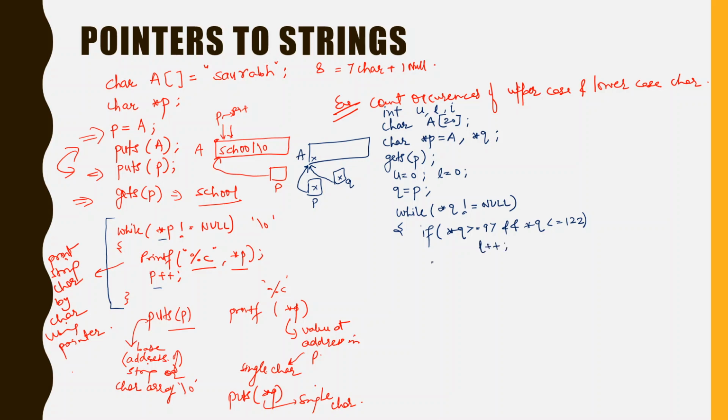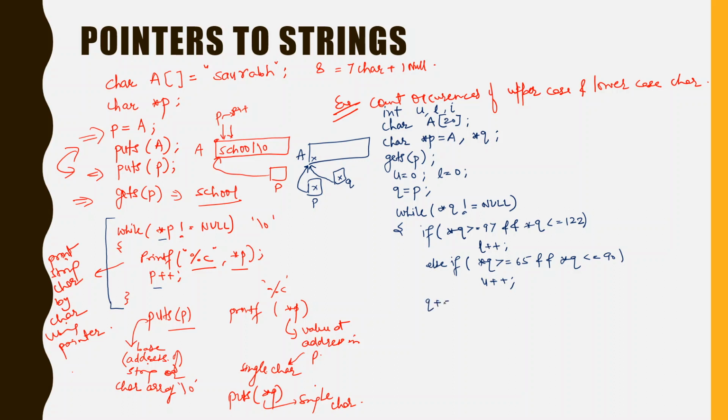So we will do L plus plus, else if pointer q is greater than or equal to 65, and pointer q is less than or equal to 90, that would increment uppercase.